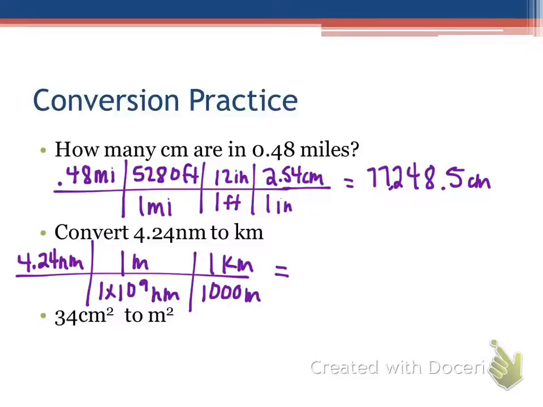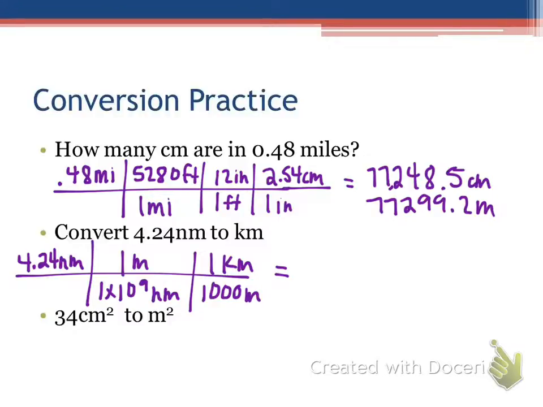Nobody used that method? Rachel, what do you think? 77,299.2. Okay, very good. So in the scope of things, those are not that far off. I know that seems like it might be a lot, but out of 77,000 centimeters, being 51 centimeters off is not that big of a deal.